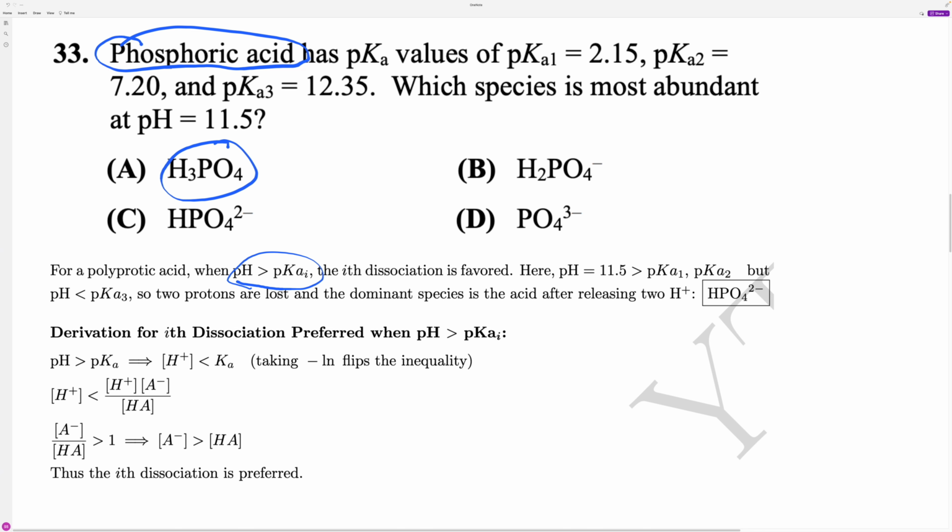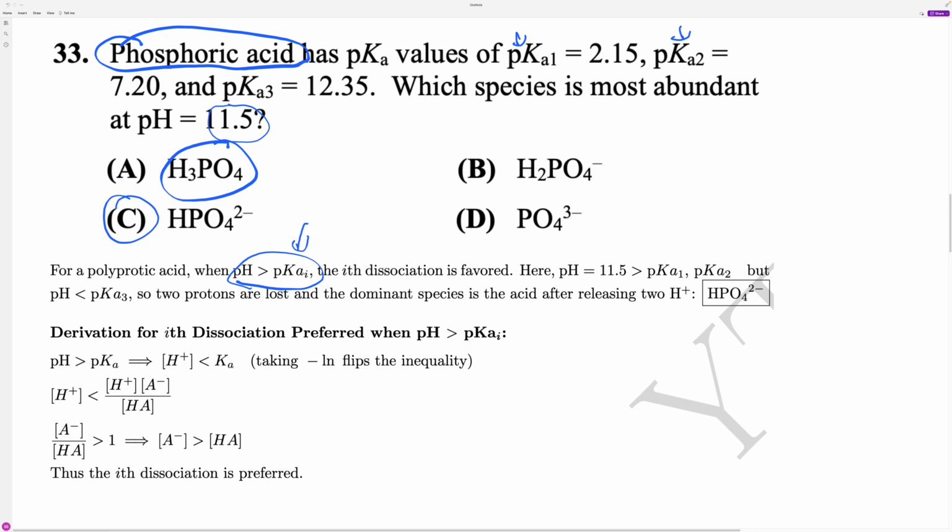So in this case, since the pH is 11.5, that's going to be greater than pKa1 and pKa2, but not pKa3. So the most abundant form of phosphoric acid is going to be it after losing two H pluses, which is C.